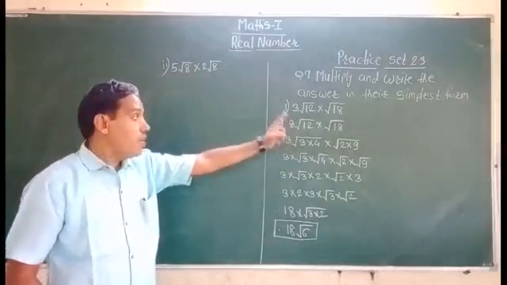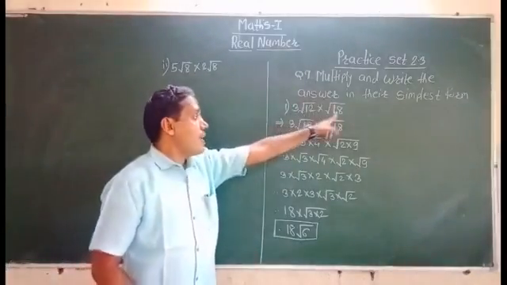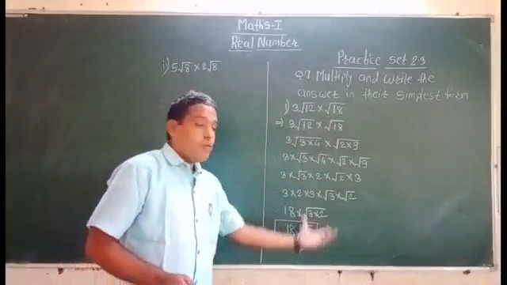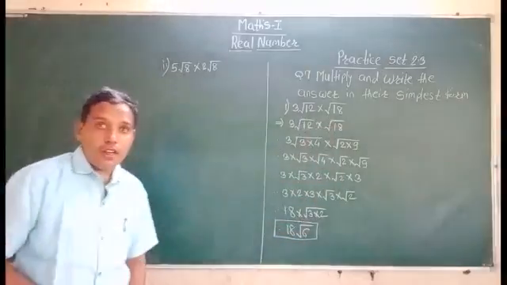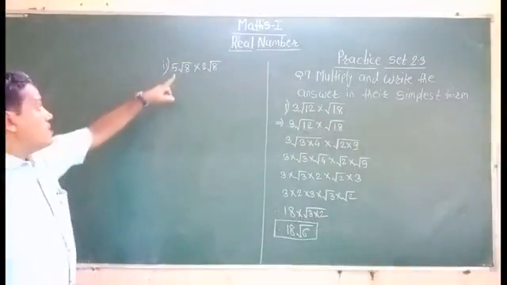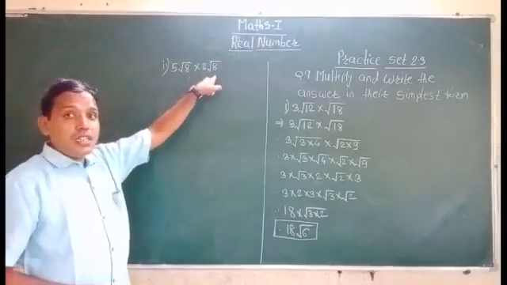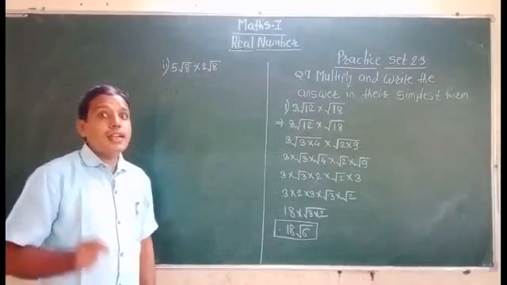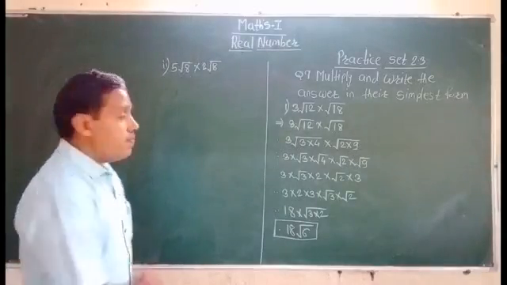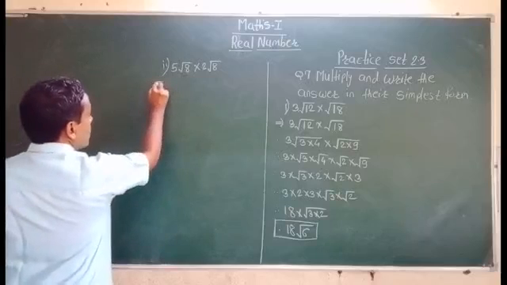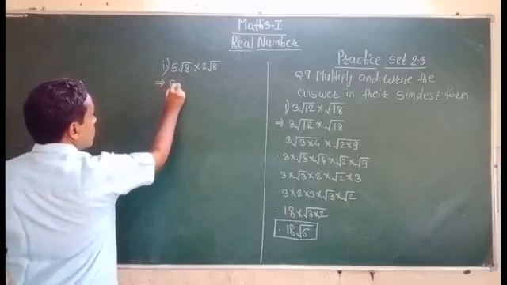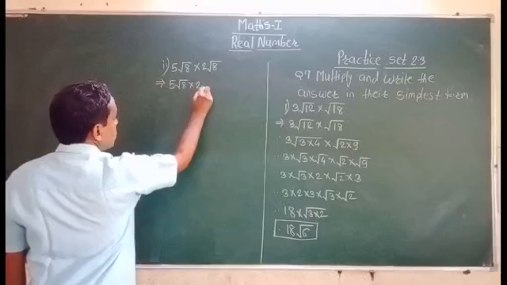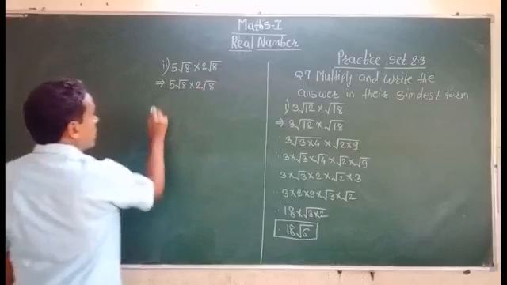In the previous example, we saw surd 12 and surd 18. This is not a like surd, and that is why we simplified in that manner. But here we see surd 8 and surd 8. Both are like surds, and that is why we get direct multiplication of them. So the direct multiplication is 5 surd 8 into 2 surd 8.